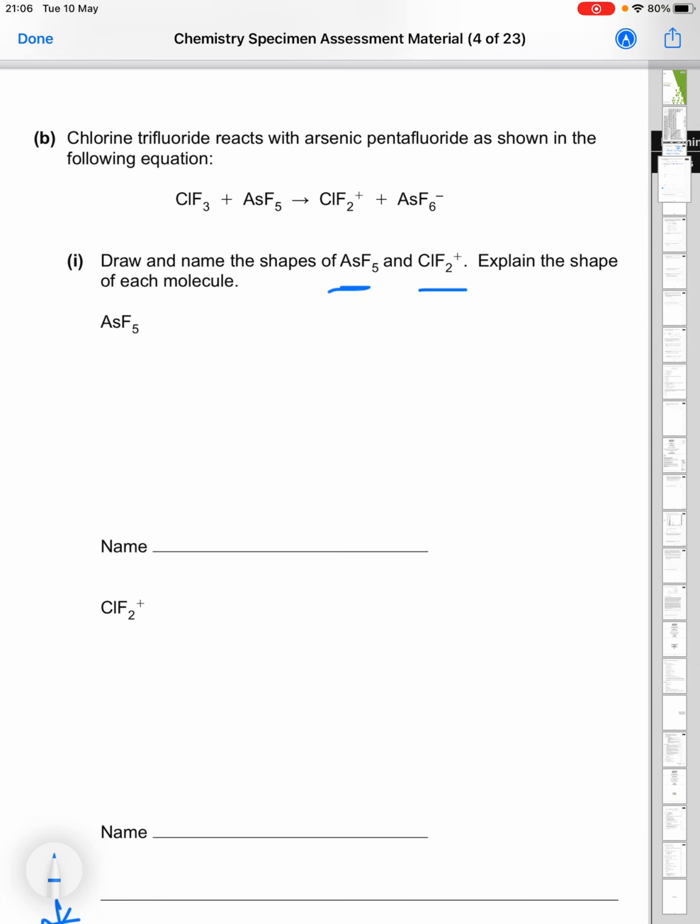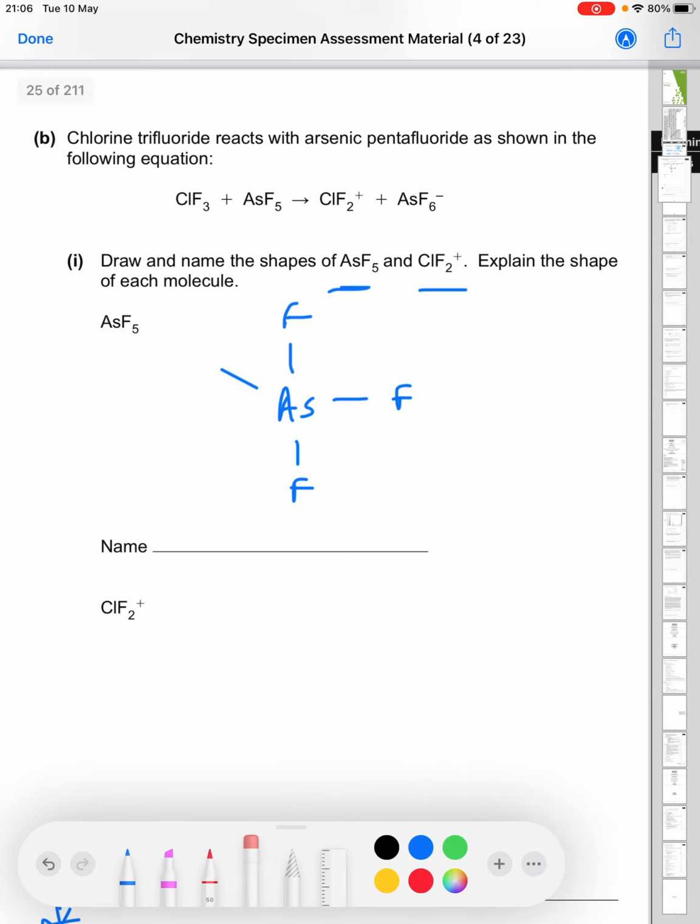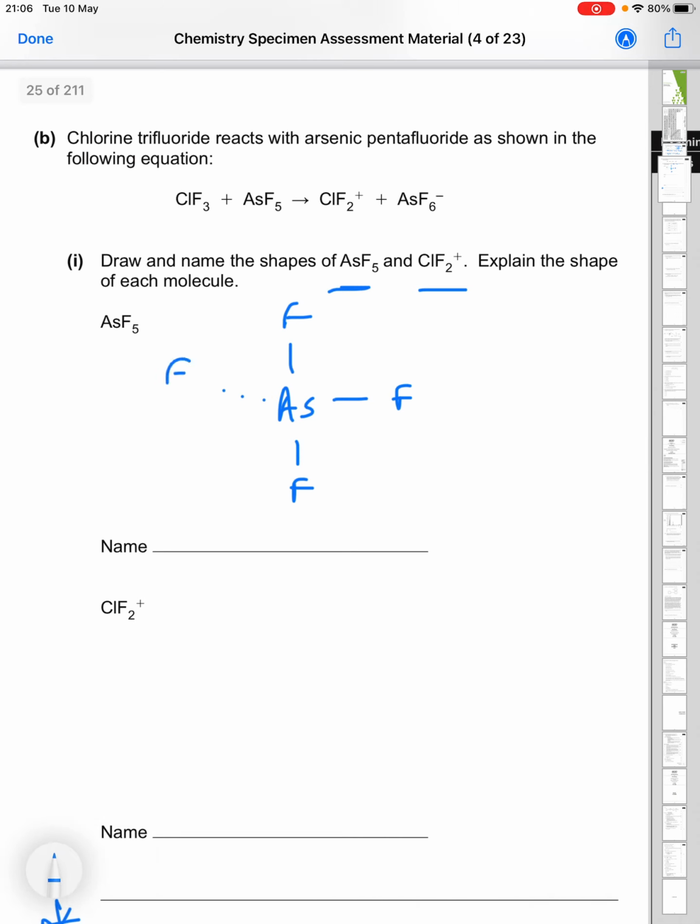So we've seen things with 5 before, so you're going to draw your arsenic in the middle, 1 fluorine up and 1 down, and then 3 arranged around the central atom to get as far away as they can.